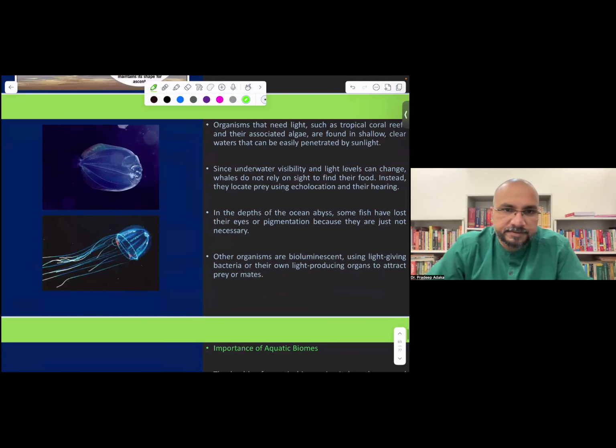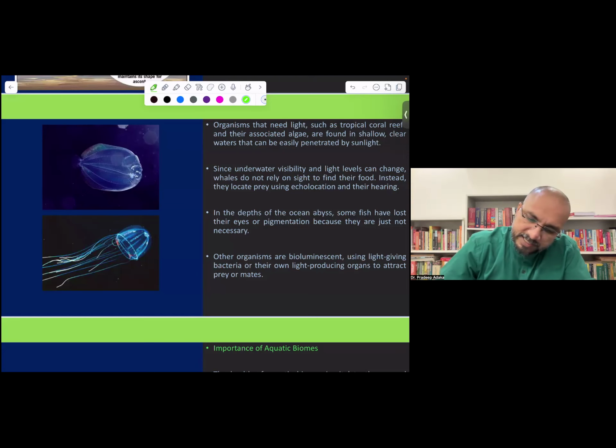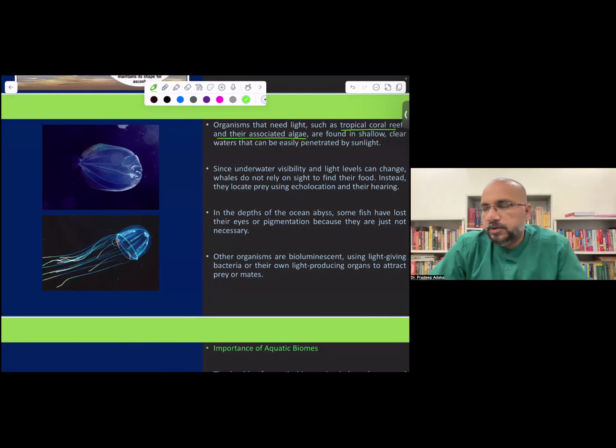So organisms that are living very deep in the ocean water. Organisms that need light, such as tropical coral reefs and their associated algae. In the case of corals, they require shallow water and ambient temperature. Corals are associated with zooxanthellae, right?